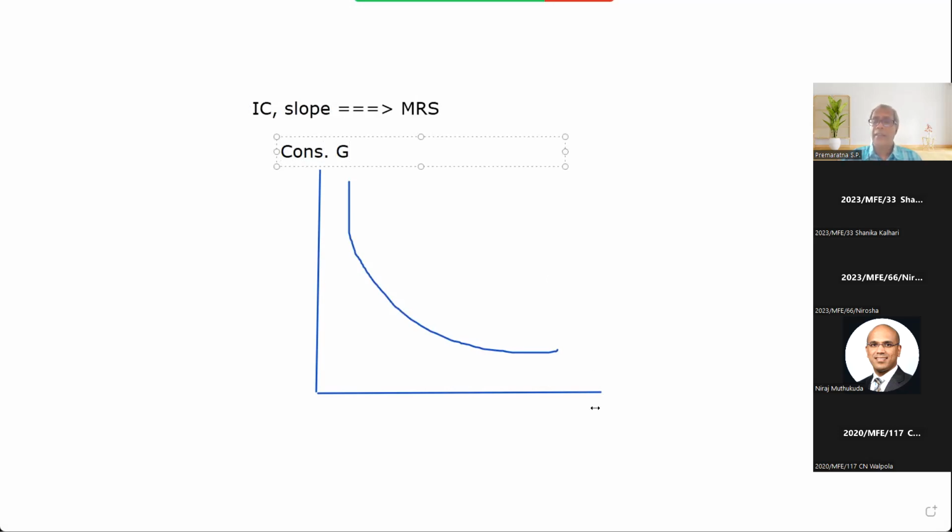Let's say this side capital good, or whatever good we can take. Or X and Y also no problem. Now here the slope is what we call MRS, the marginal rate of substitution.